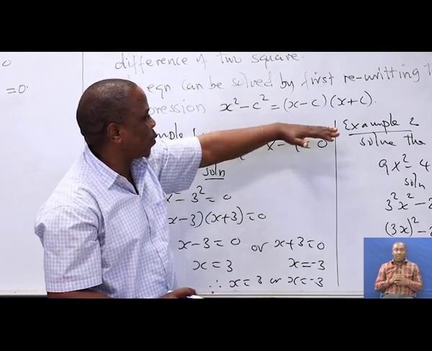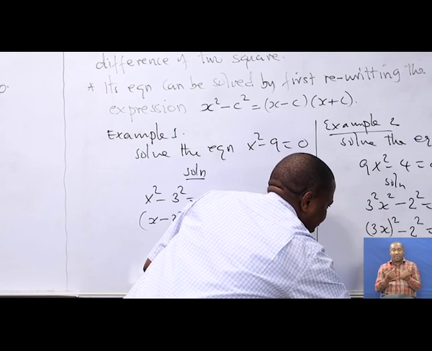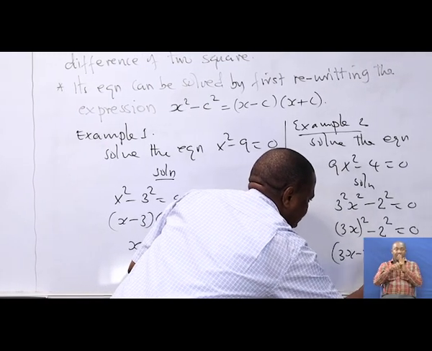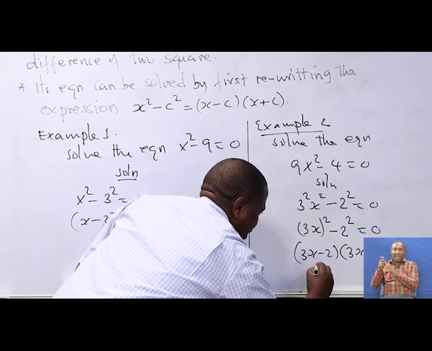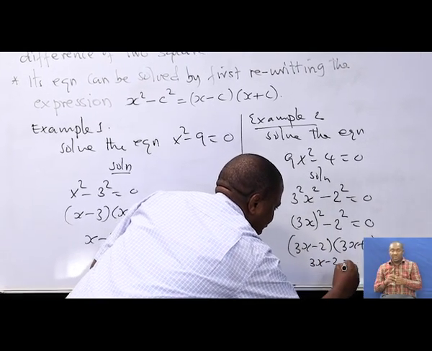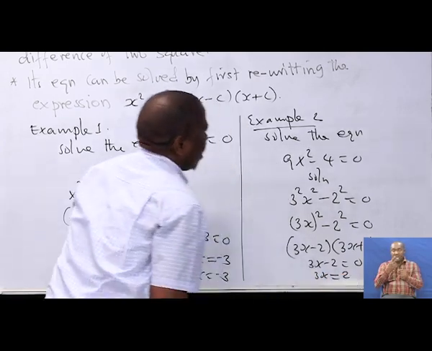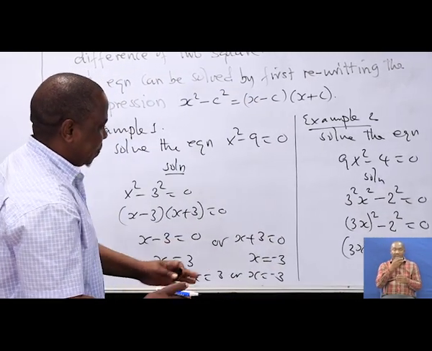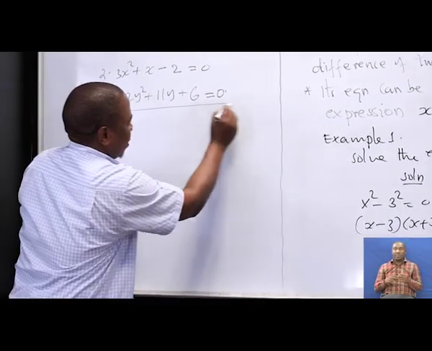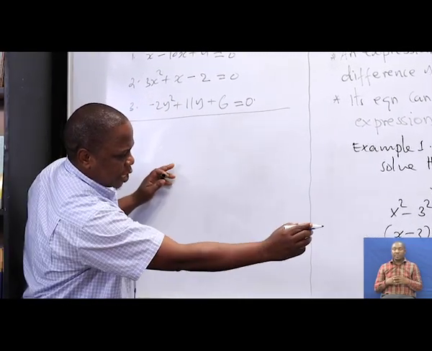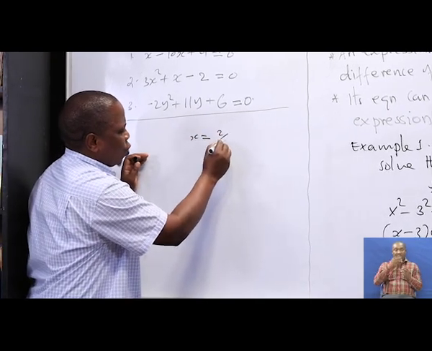Factorization of the difference of two squares is here. So this leads us to (3x minus 2)(3x plus 2) equal to 0, of which 3x minus 2 is equal to 0, 3x is equal to 2. Divide by 3 throughout. You will have x is equal to 2 over 3.